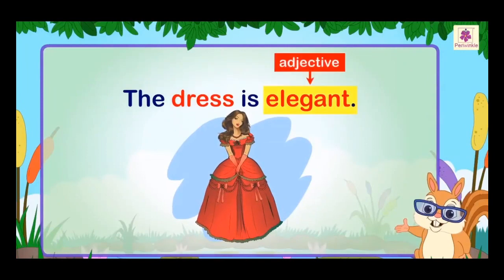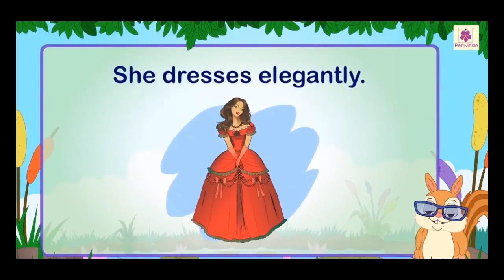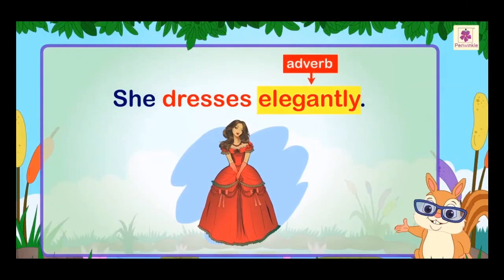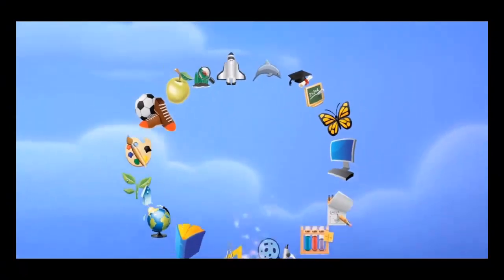Here, the word elegant is an adjective as it's speaking about the dress. But when I say, for example, she dresses elegantly, the word elegantly is an adverb as it's adding more to the verb dresses. Dresses is a verb and we were talking about it.